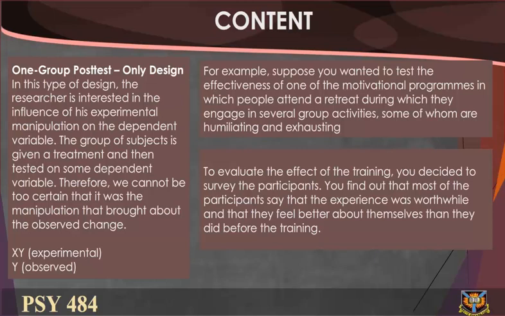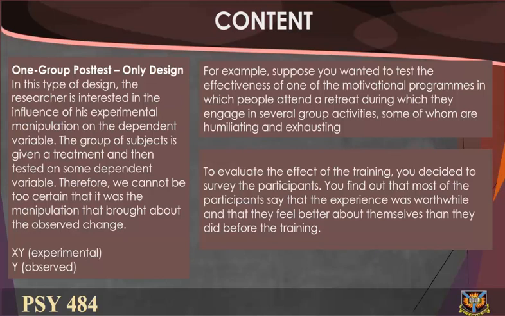X experimental, Y observed. For example, suppose you wanted to test the effectiveness of one of the motivational programs in which people attend a retreat during which they engage in several group activities, some of which are humiliating and exhausting. To evaluate the effect of the training, you decided to survey the participants.